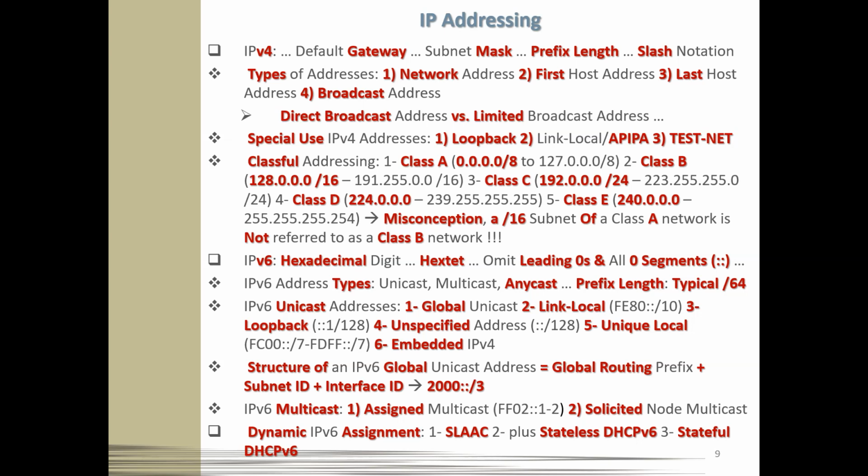Next up is IPv6 addresses. IPv6 address size is 128 bits in length. Every 4 bits of which is represented by a single hexadecimal digit. So a single hexadecimal digit is equivalent to 4 bits. So it can have 2 to the power of 4 or 16 different values.